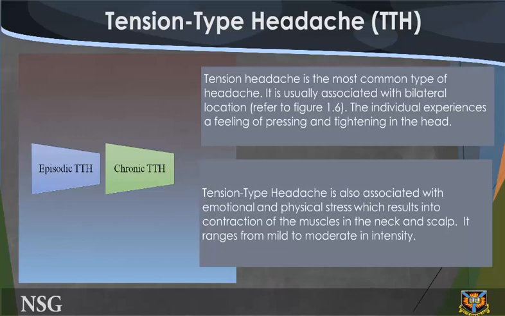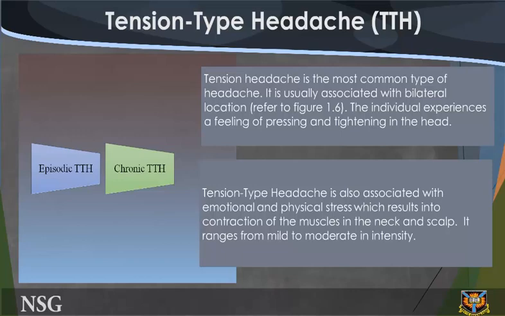Tension type headache, TTH: episodic TTH, chronic TTH. Tension headache is the most common type of headache. It is usually associated with bilateral location, referred to figure 1.6. The individual experiences a feeling of pressing and tightening in the head.